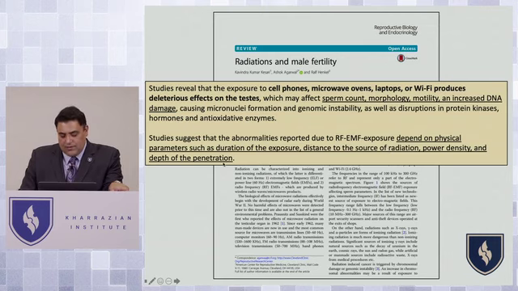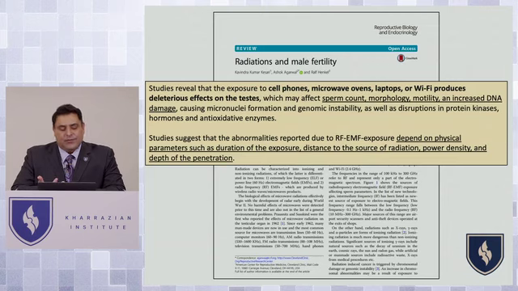So, because the theories of like, hey, cell phone's bad for your brain and sperm, the ones on the brain are having more and more evidence that could be a factor. But for sure, having a cell phone next to your testicles in your front pocket is not a good idea. Having a laptop on your lap on a regular basis when you have infertility and sperm abnormalities is not a good idea.